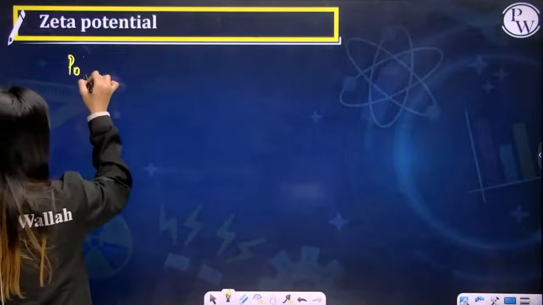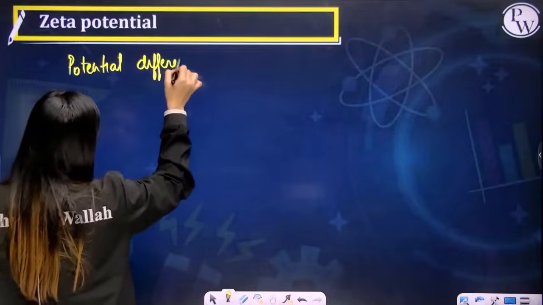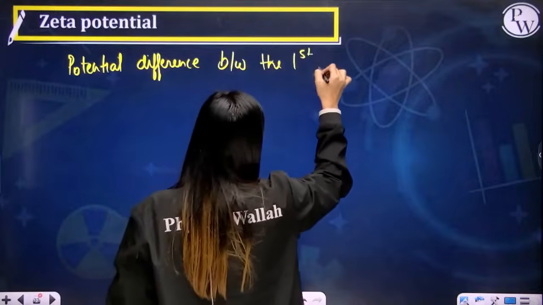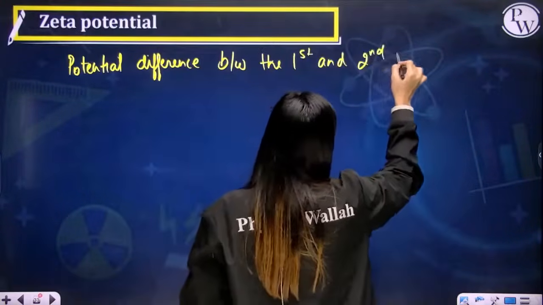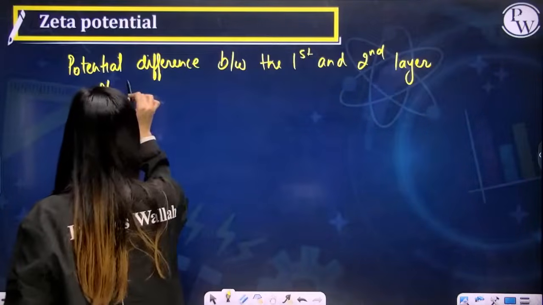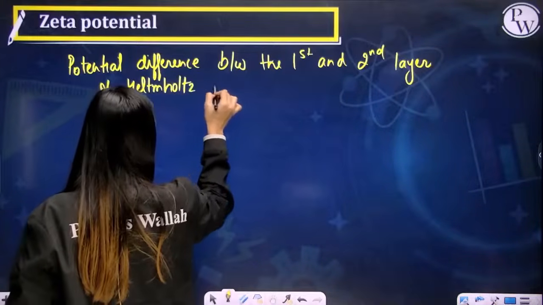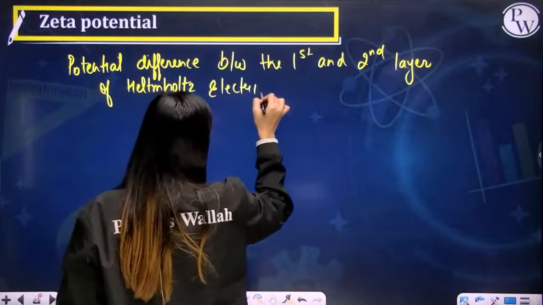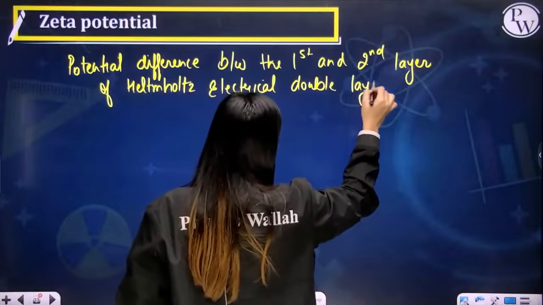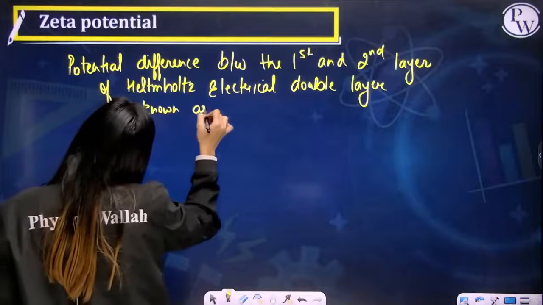We'll say that the potential difference between the first and second layer of the Helmholtz electrical double layer is known as zeta potential.